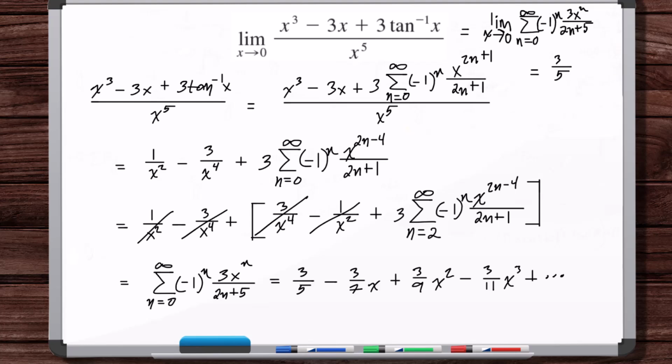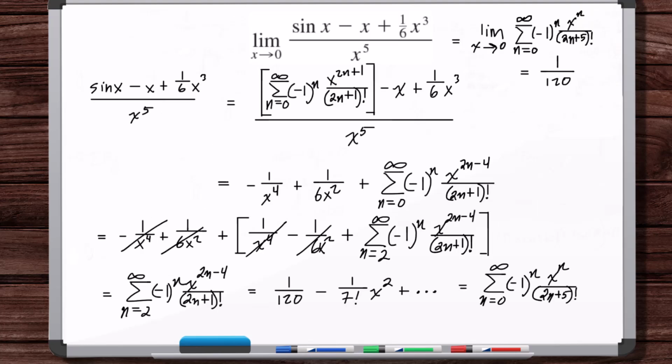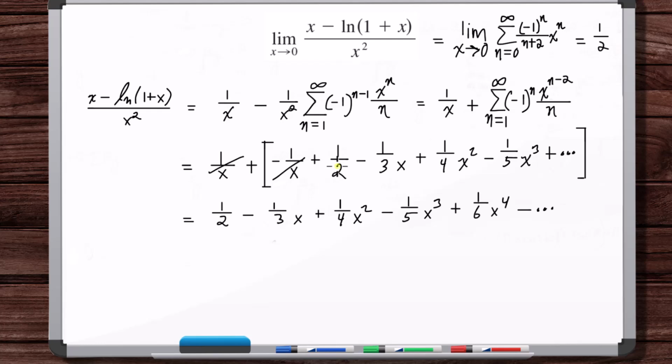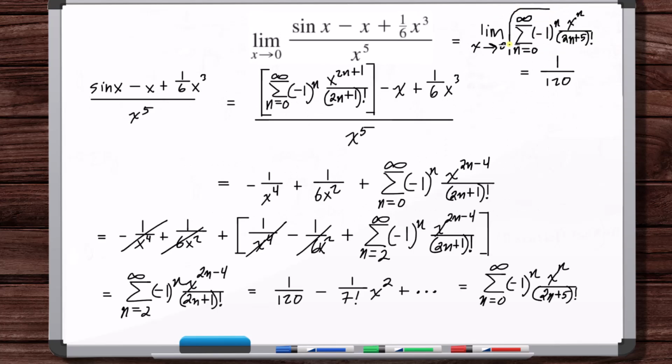For all of these, we would have had to do the ratio test, because once you're subtracting this from x and dividing by x squared, you can't really say the radius of convergence hasn't changed from the base series, which isn't a big deal. You just need to do the ratio test on this and this, etc.